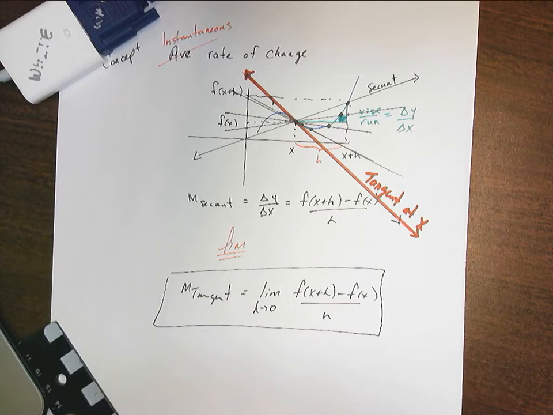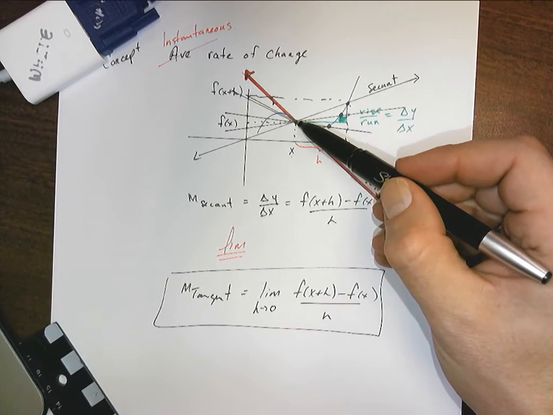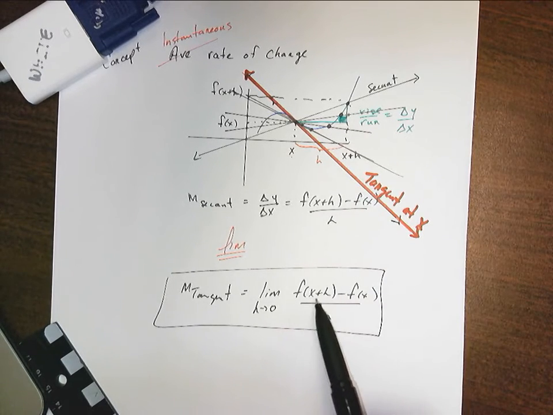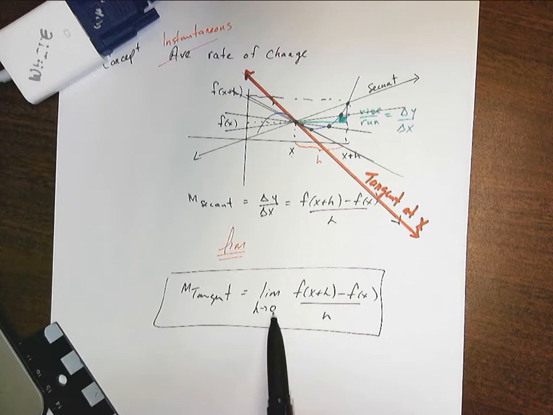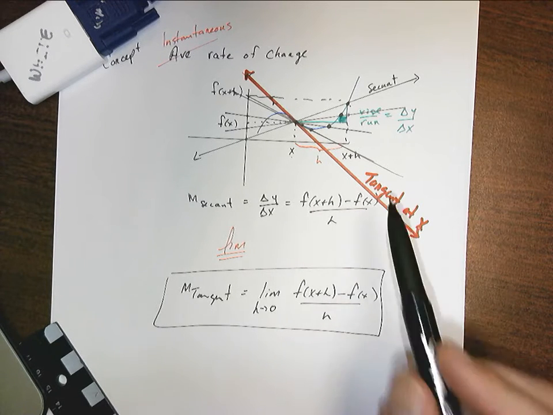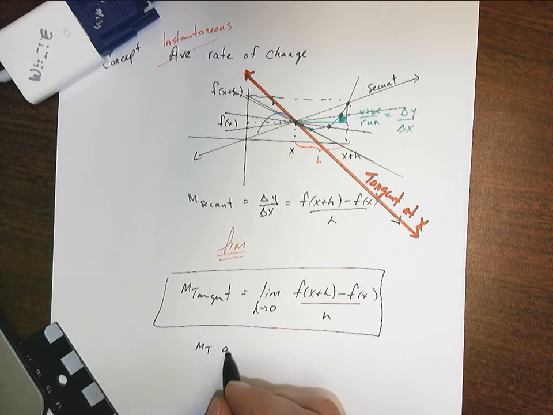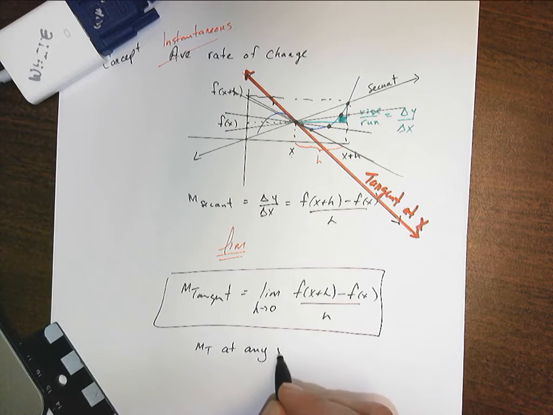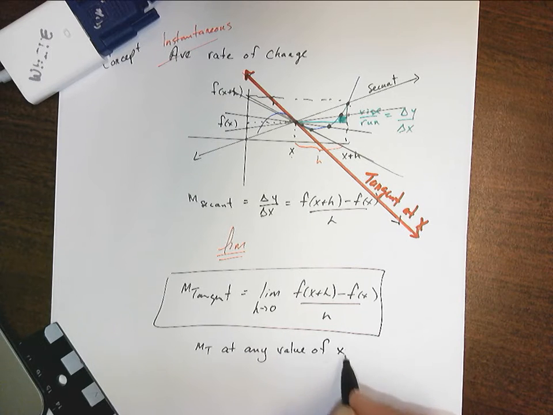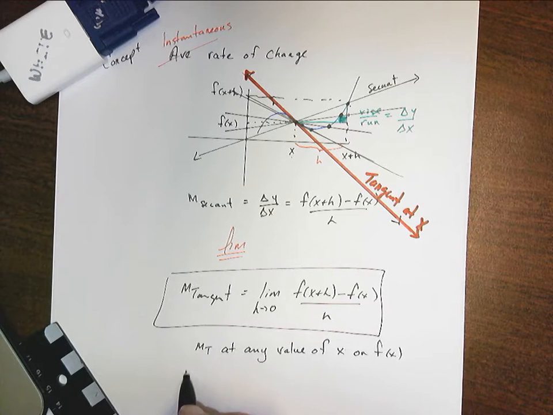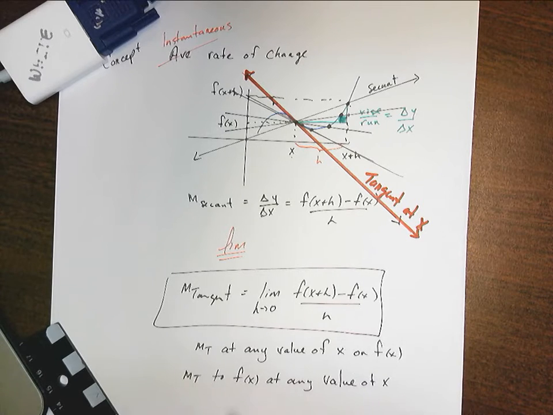And this, ladies and gentlemen, is the slope of the tangent to this curve at any point, given an initial point and a little bit of distance away. That little bit of distance away is becoming 0, so it becomes the slope of the tangent at any value of x on f of x. I suppose I could word that better. It's the slope of the tangent to the function f of x at any value of x. That's probably worded much nicer.